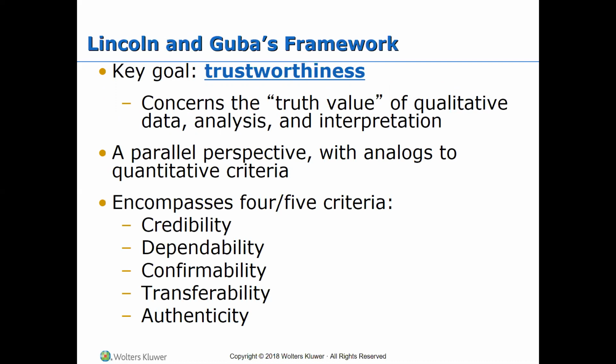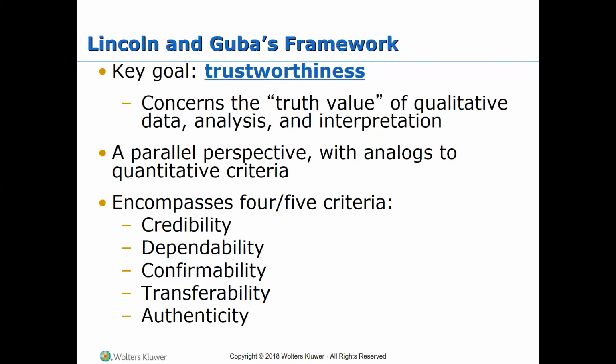If you remember our first day of class, we talked about what is true. Well, this trustworthiness concerns the truth value of qualitative data, its analysis, and its interpretation. So this is very parallel with other quantitative criteria for evaluating the value of a study or its truthfulness.